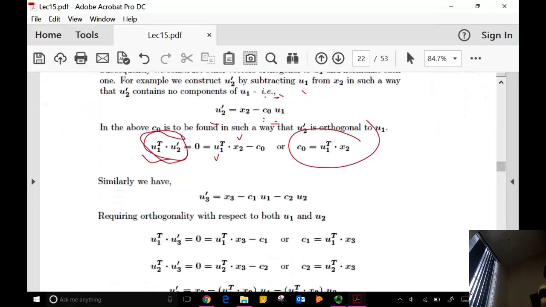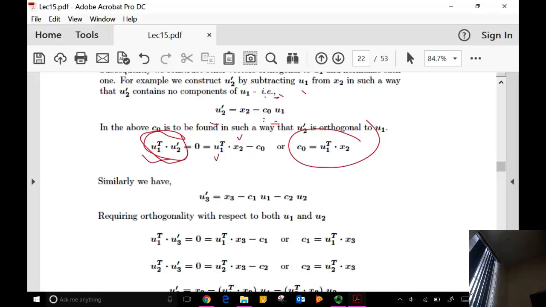And the next step is, I cannot draw it, you can only imagine the same logic. You take x3, the next vector, you know x3 is linearly independent from x1 and x2, or u1 and u2. So take that and subtract a component in the x1 direction, subtract a component in the x2 direction, so that you're left with a vector u3, which is perpendicular to u1 and u2. Now c1 and c2 are both unknowns. There are two unknowns now, right? So how would you determine that?